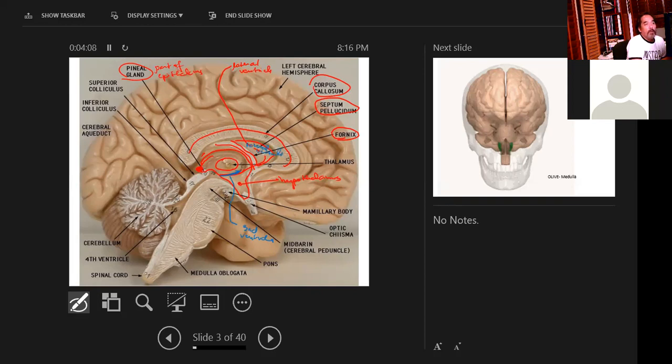So the fluid flows from the lateral ventricle to the third ventricle, and then after the third ventricle, it goes here. It becomes thin. Why? Because this area is called the midbrain. So what ventricle is in the midbrain? That is going to be the cerebral aqueduct.